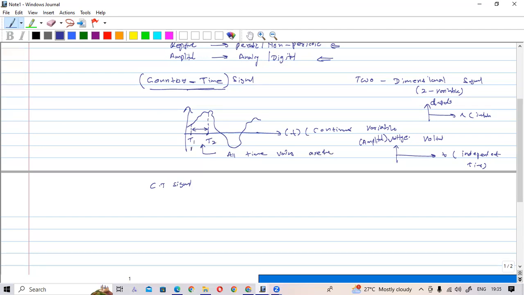For example, if this is 1 second and this is 2 seconds, between 1 second and 2 seconds, every other point is also there.